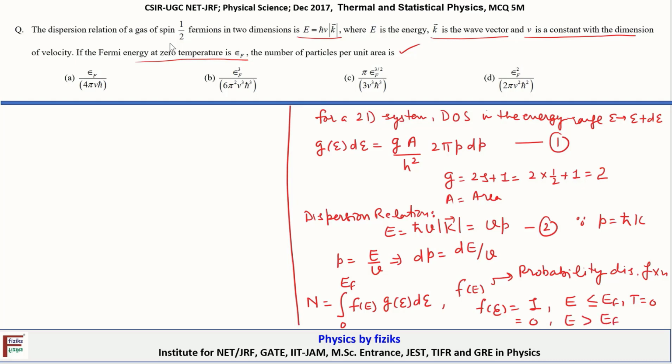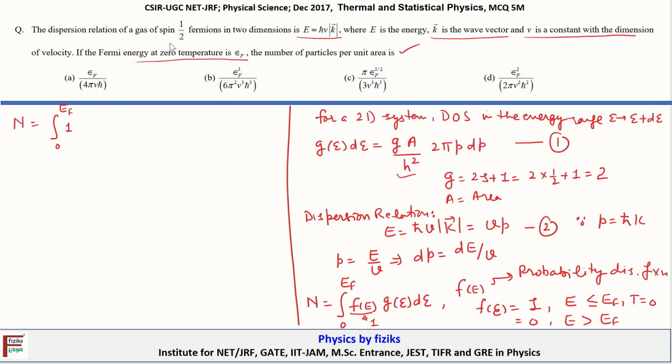Because we are doing this integration from 0 to EF, we can put its value equal to unity. At absolute zero all the energy states below the Fermi level will be occupied, so we need not worry about the states above the Fermi level. So the value of the Fermi-Dirac distribution function is 1, and then we multiply by the density of states, which is given by expression 1.